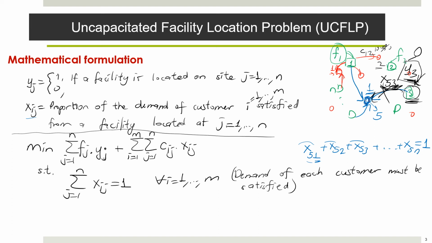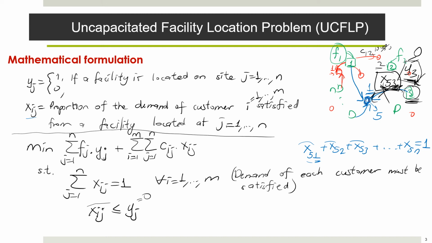Simply, if Y3 is 0, then X53 must also be 0. So we write Xij to be less than or equal to Yj. Simply, if this Yj is 0, you cannot satisfy any demand of the customers from this j.